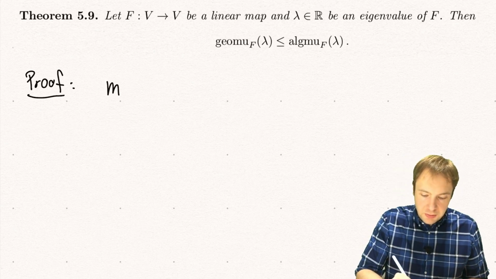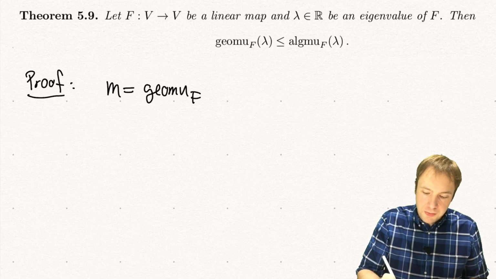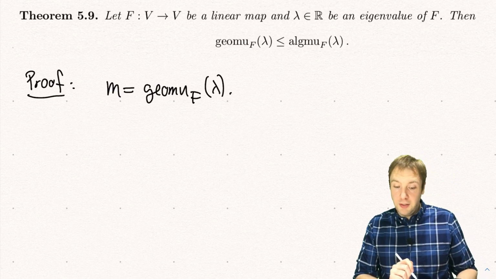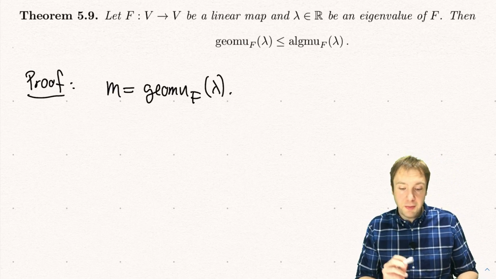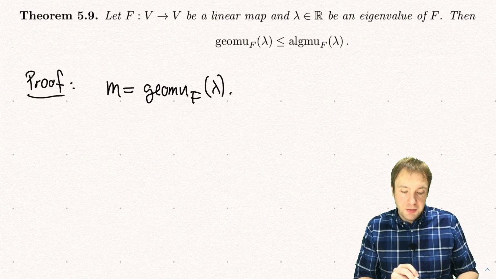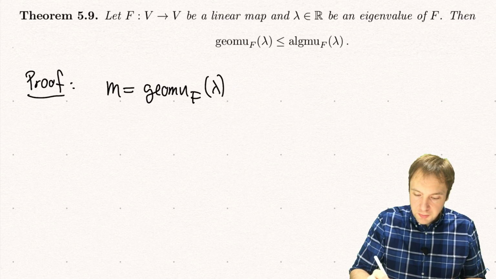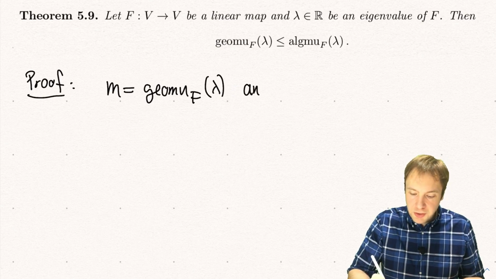So let m denote the geometric multiplicity of this eigenvalue lambda. So this means the dimension of the eigenspace is m. So therefore we can choose a basis.